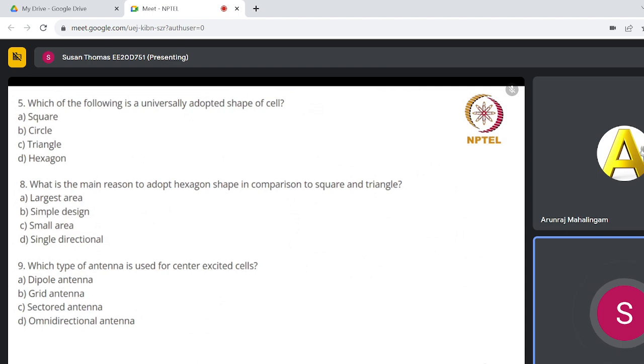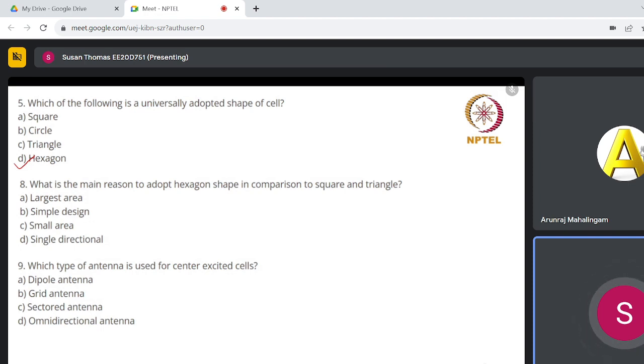Now let's move to another question. Which of the following is a universally adopted shape of cell? This is a very simple question. Yes, you are right. It's a hexagonal shape. And now comes the next question.